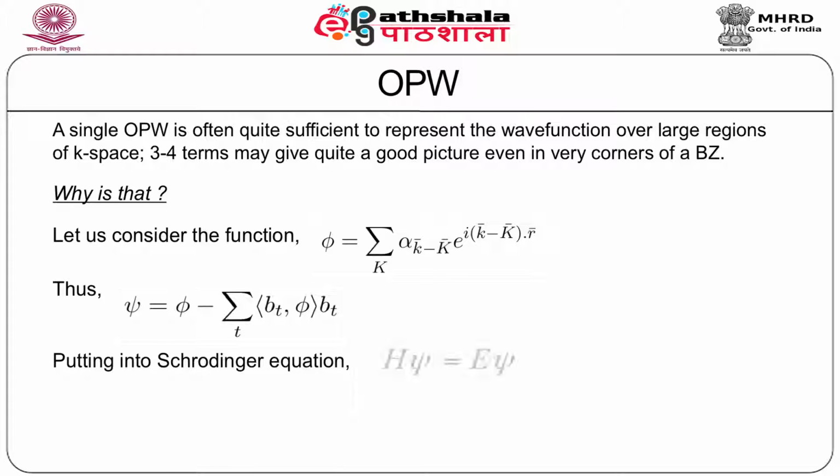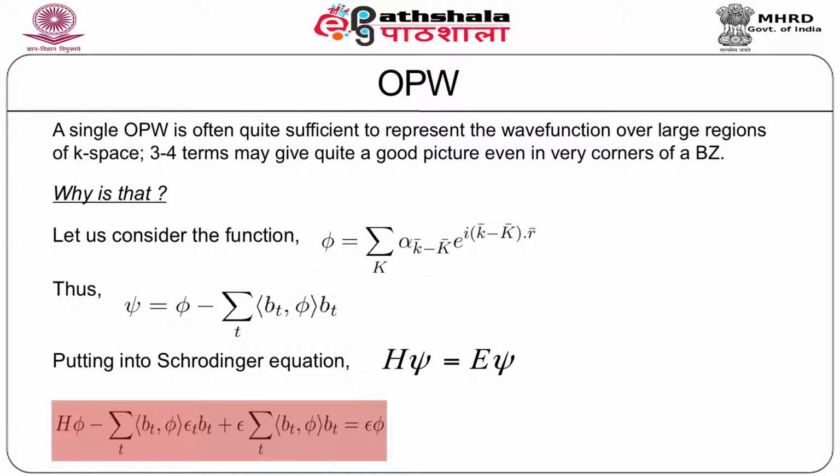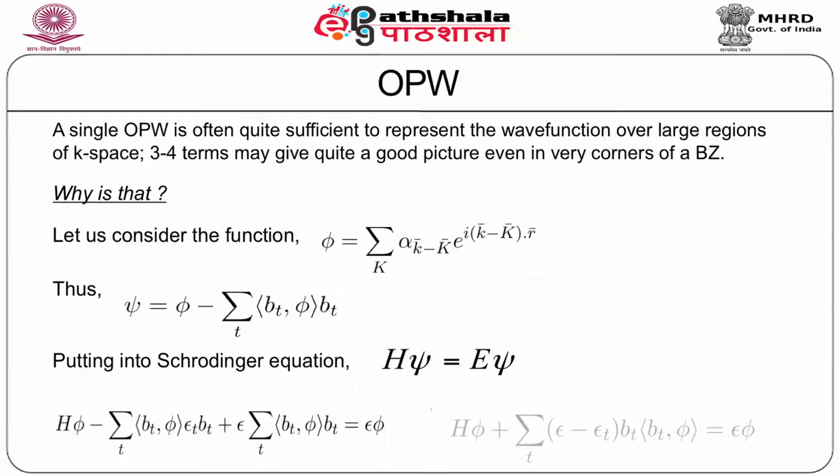Putting this into the Schrödinger equation given by capital H psi equal to E psi, and using that H b_t is equal to epsilon t b_t, which is the eigenvalue corresponding to b_t, one gets the following expression shown here. One thus has, just from this equation, taking the epsilon times phi into the left hand side, which is shown here with this small readjustment.